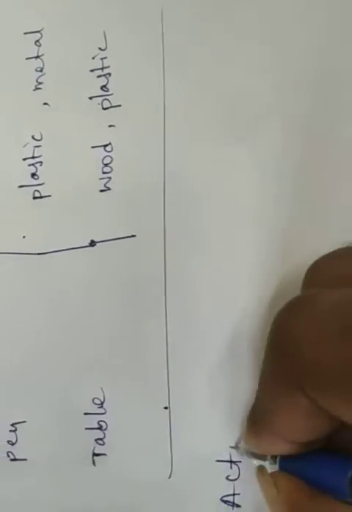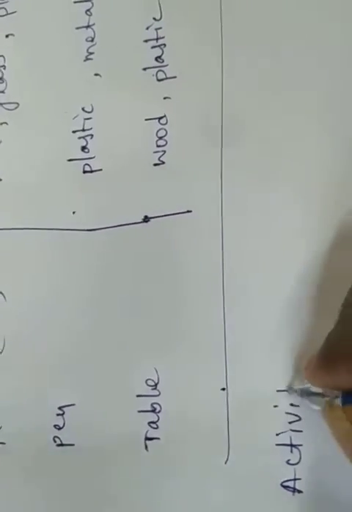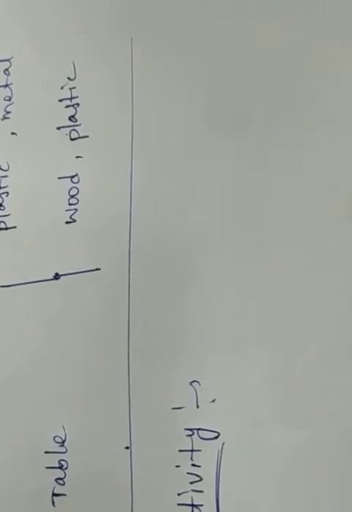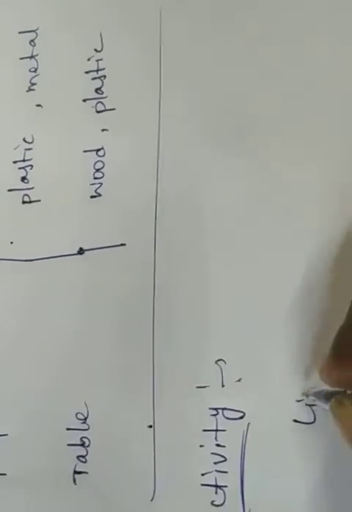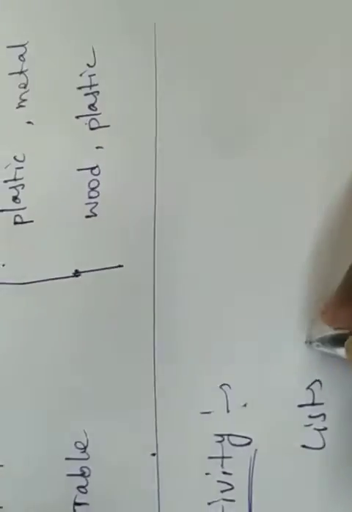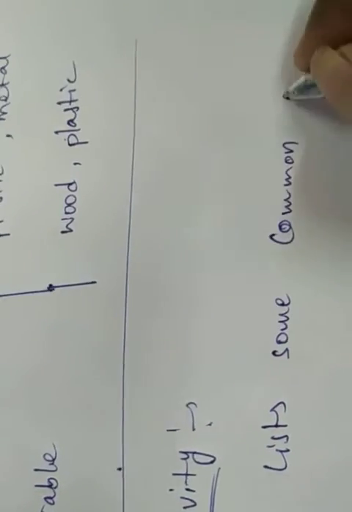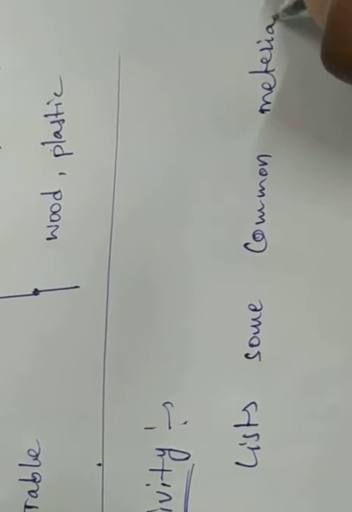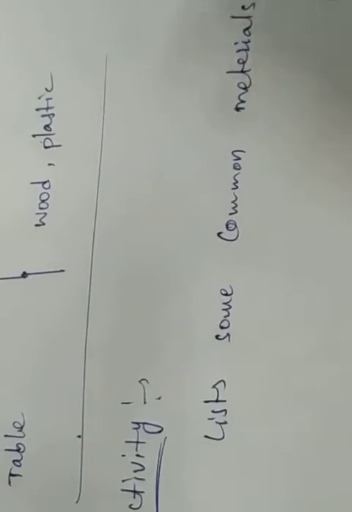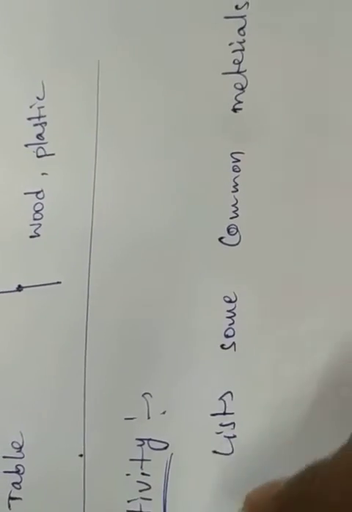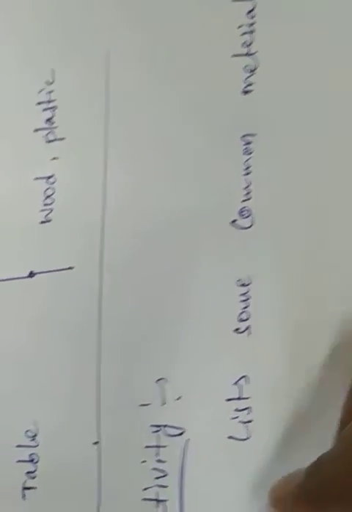In this activity, we can list some common materials around us. First we list some common materials, and then try and think of everyday objects you know.